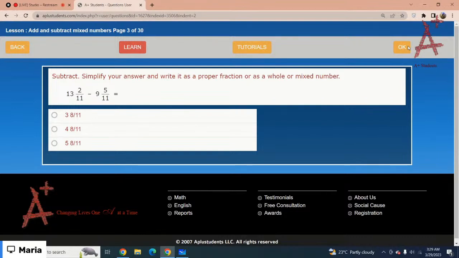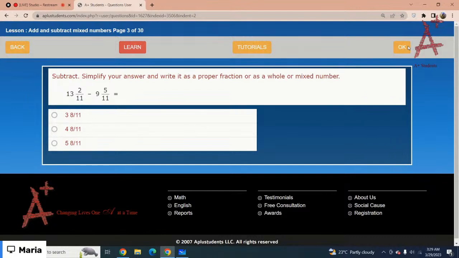Okay, the next one is 13 whole 2 over 11 minus 9 whole 5 over 11. Got it?